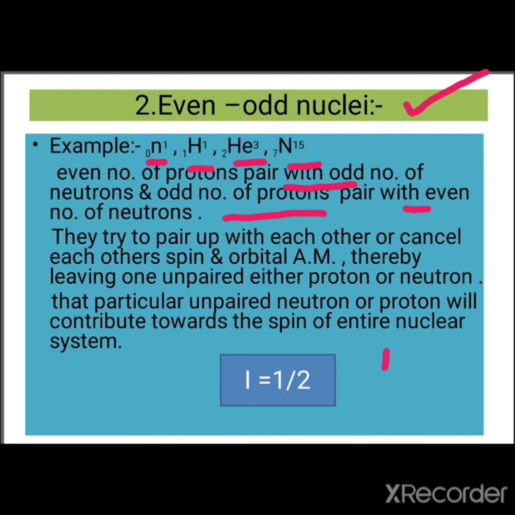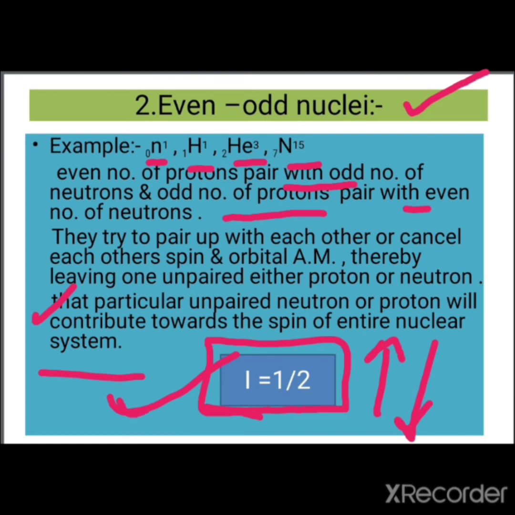They try to pair up with each other in this manner, cancelling each other's spin and orbital angular momentum like the previous case, thereby leaving one unpaired proton or neutron. That particular unpaired neutron or proton will contribute towards the spin of the entire nuclear system, and that will give the value I equals 1 by 2. That means our nuclear spin will have the value half, because it is leaving one unpaired proton or neutron, so that will contribute.